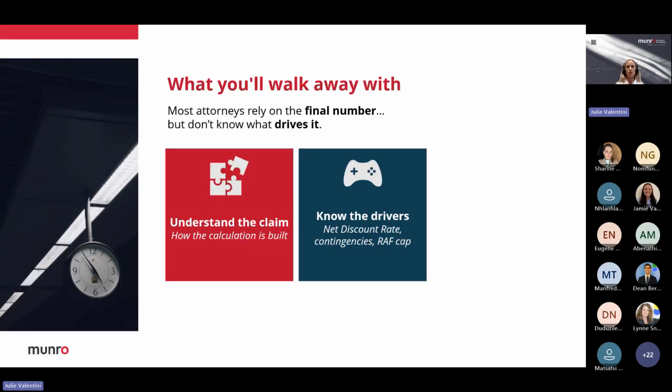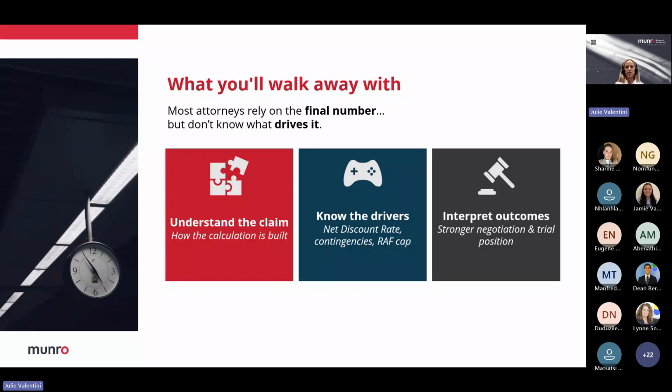Also to understand the drivers and some of the unusual terms that we talk about, like the net discount rate and contingencies and the RAF cap. And lastly, whether you're advising on settlement or presenting evidence under cross-examination, understanding the methodology puts you in a stronger position negotiation-wise. So that is the ultimate aim, to give you a better understanding and make you more confident in what you're doing.